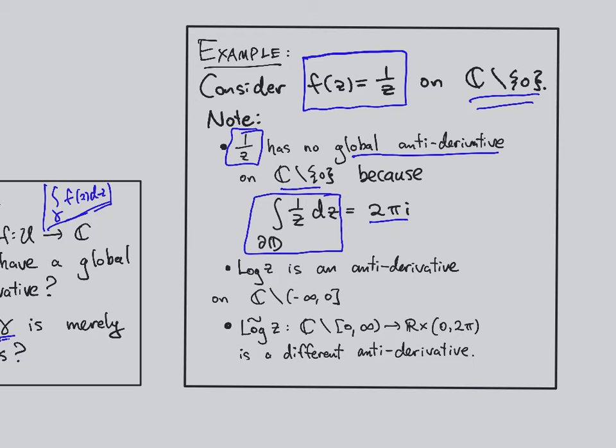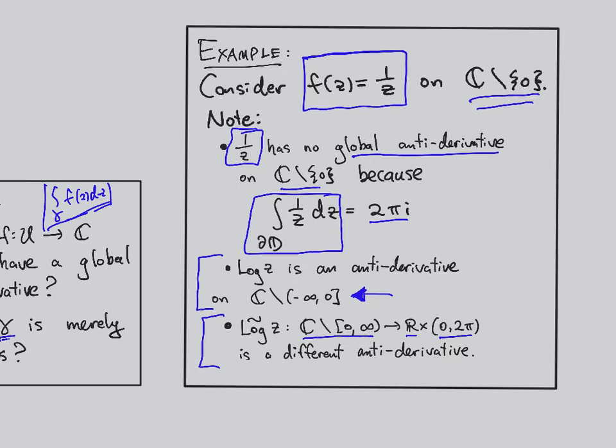But it does have antiderivatives locally, and we had names for them. So the principal log is an antiderivative of 1 over z on the complex plane minus the negative real numbers. And we defined this log tilde. I don't know that there's a standard name for it. The logarithm that maps the plane minus the positive reals into the reals cross the interval 0 to 2 pi.